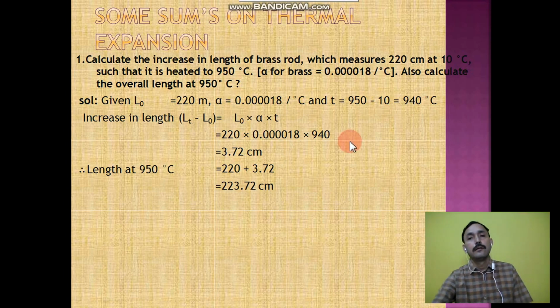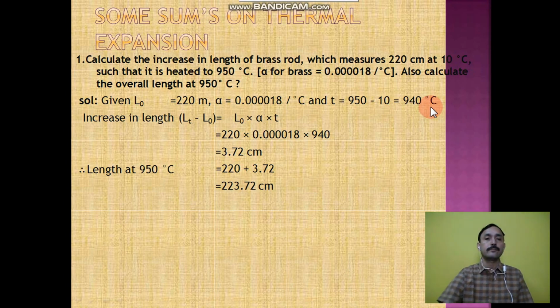Given: L0 is equal to 220 centimeters, alpha is equal to 0.4018 per degree centigrade, and the change in temperature delta T is equal to 950 minus 10, that means 940 degrees centigrade.